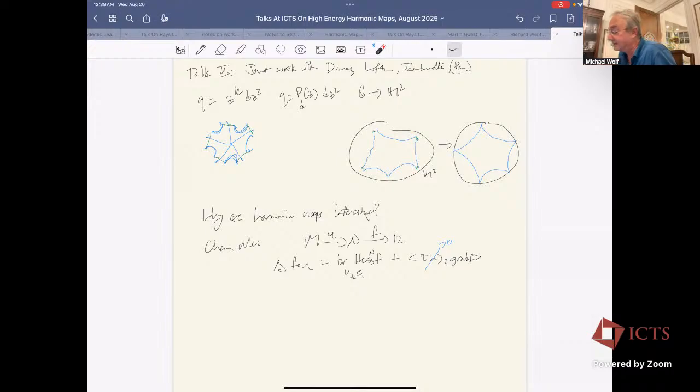Here's the simplest application of this sort of chain rule. I have two maps that are interesting.